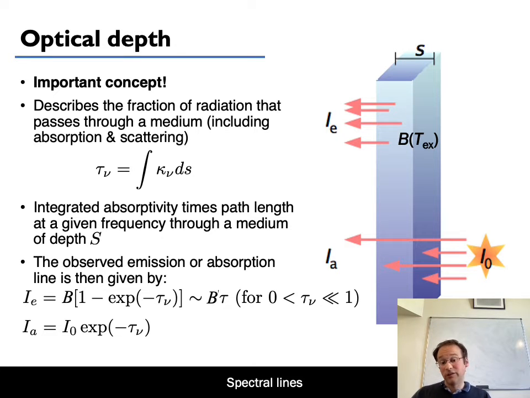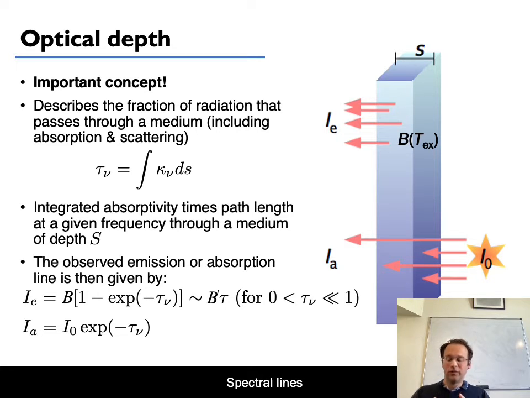B is effectively the expected intensity of radiation depending on that excitation temperature. And that is then attenuated by absorption and scattering processes along the line of sight through the medium, so it depends on the optical depth. That's the relationship between I_E, which is the detected emission line, and B, which is the emitted intensity at that frequency.